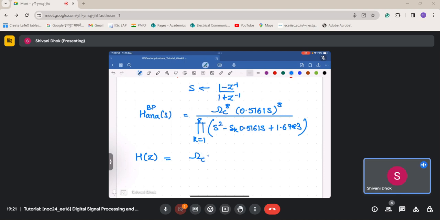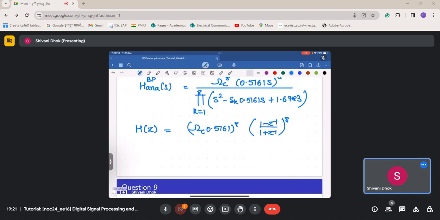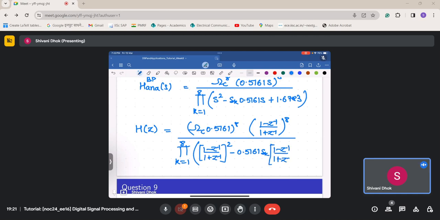or rather I can write this as omega C into 0.5161 to the power 8 multiplied by ((1 minus Z inverse) upon (1 plus Z inverse)) to the power 8, upon the product of k running from 1 to 8 of ((1 minus Z inverse) upon (1 plus Z inverse)) square minus 0.5161 sk ((1 minus Z inverse) upon (1 plus Z inverse)) plus 1.6783.